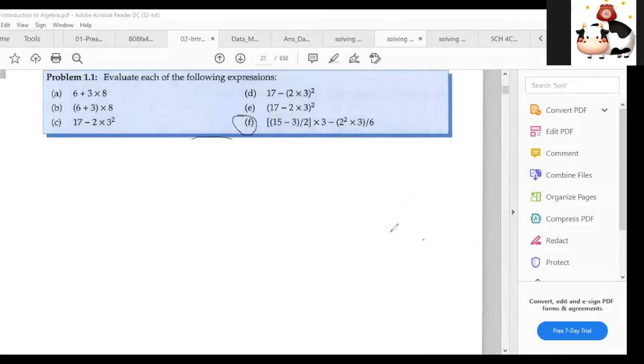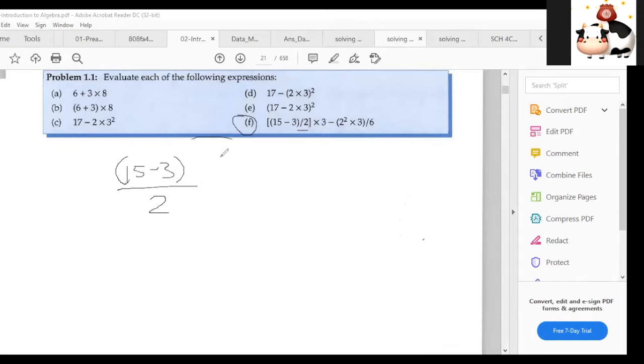So I'm going to rewrite the question and I want you to help me figure out what to do first. You tell me what to do, okay? So first, I'm going to rewrite it in a slightly different way. I'm still going to put the brackets here, but then this division by 2, I'm going to write it like this.